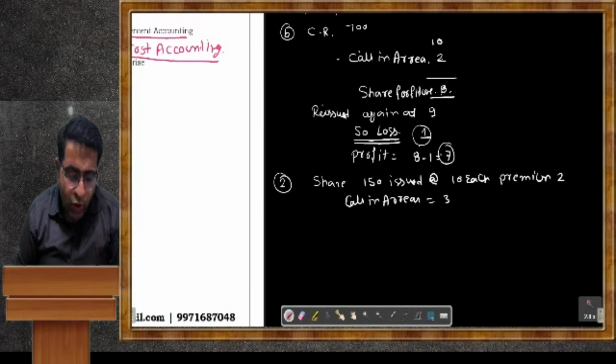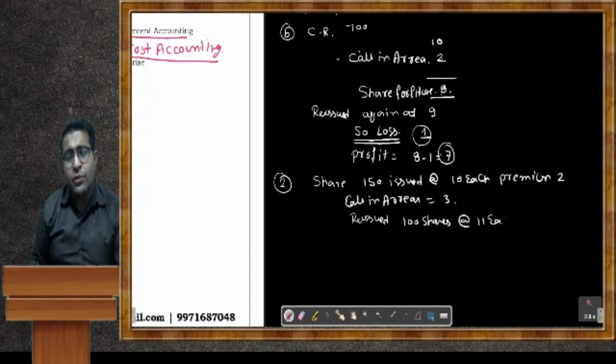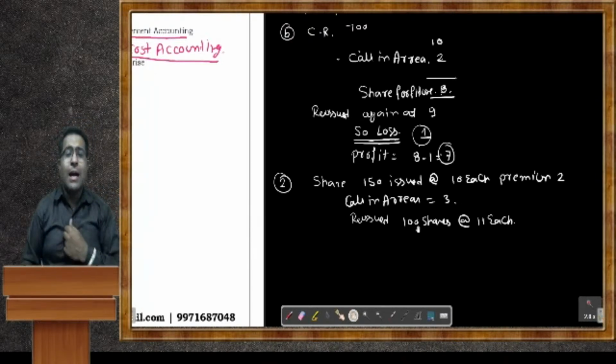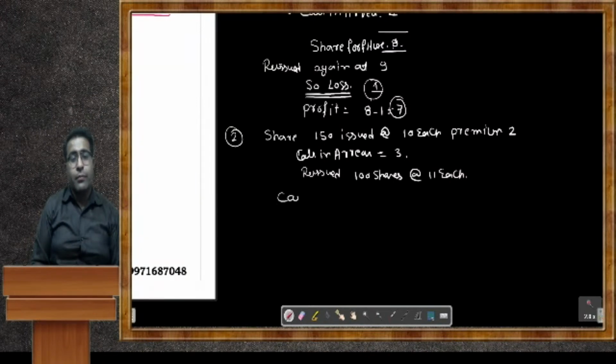Out of these, 100 shares were reissued at the rate of 11 each. Now, what is the amount transferred to the capital reserve? How much money is transferred to the capital reserve?